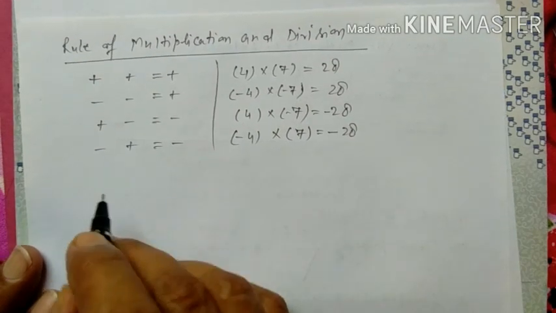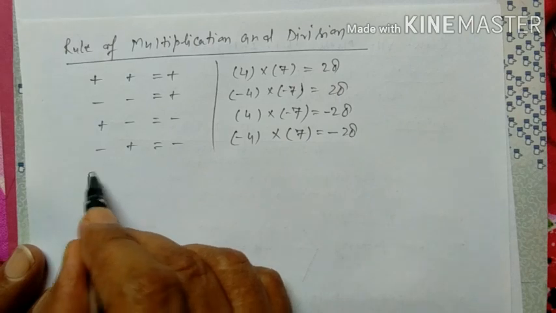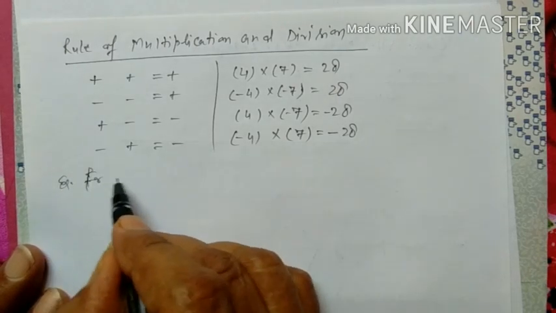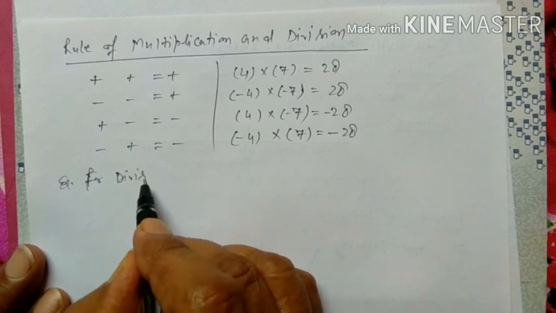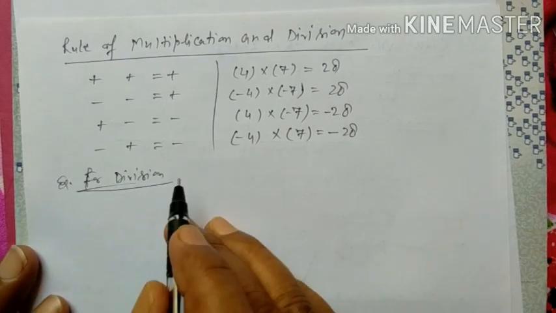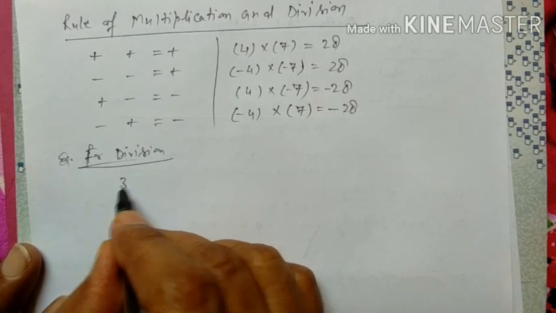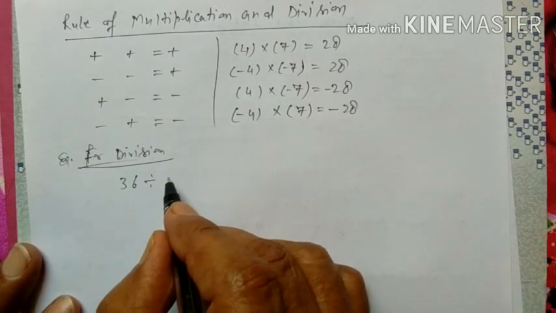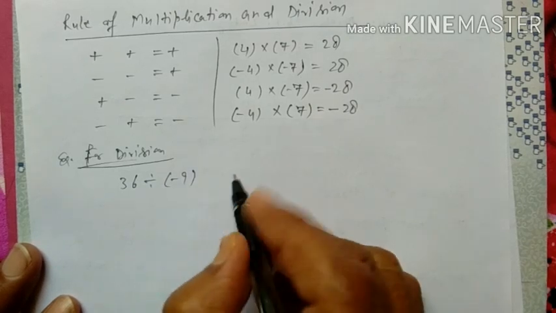And for division, example: take 36 divided by minus 9.